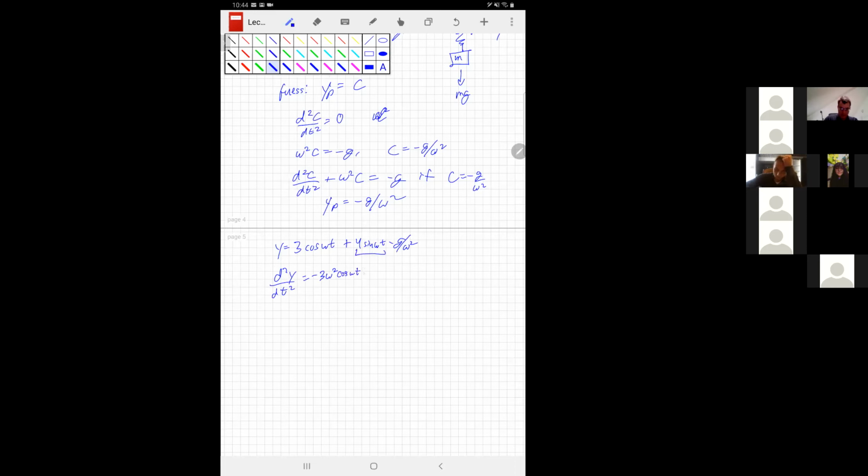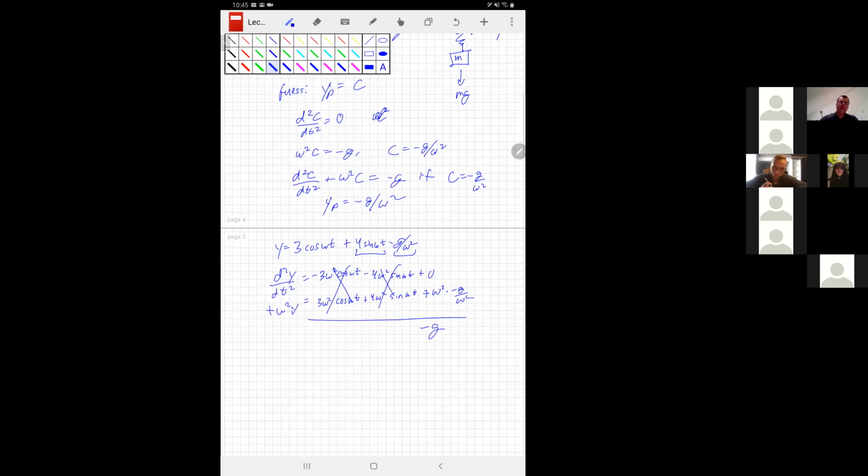Second derivative of this will be minus 4 omega squared sine omega t. Derivative of this is 0. Looks like they add up to minus g.